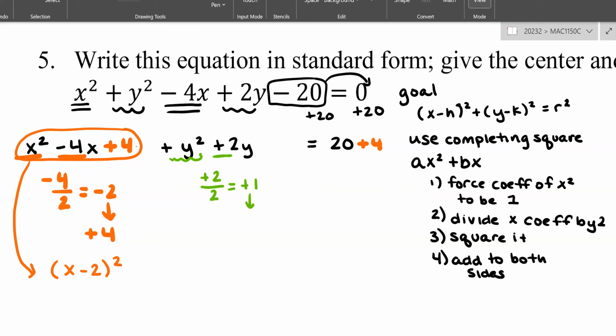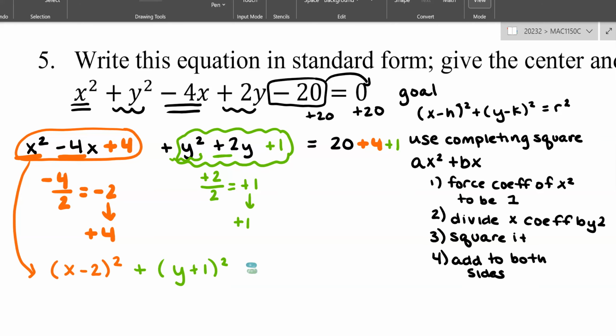And then I'm going to square that, which gives me positive 1. So I'm going to plus 1, but it's an equation, so I have to plus 1 on both sides. Now this guy here can also be written as a perfect square. It factors into (y plus 1) squared.